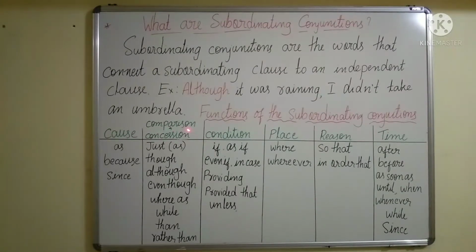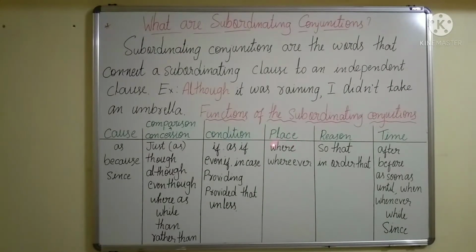In the case of comparison and concession, we use just as, though, although, even though, whereas, while, than, rather than, etc. When we come to condition, we use subordinating conjunctions such as if, as if, even if, in case, providing, provided that, unless, etc.